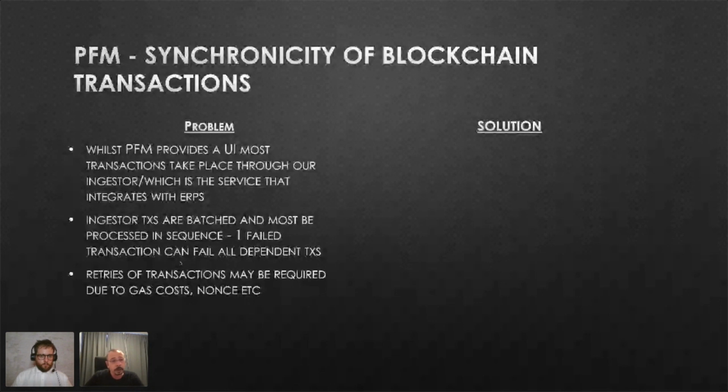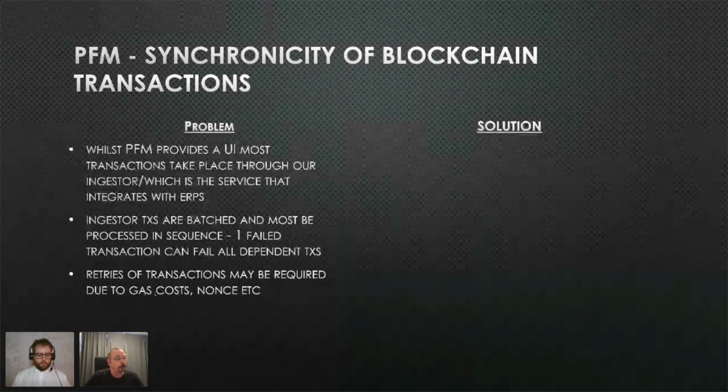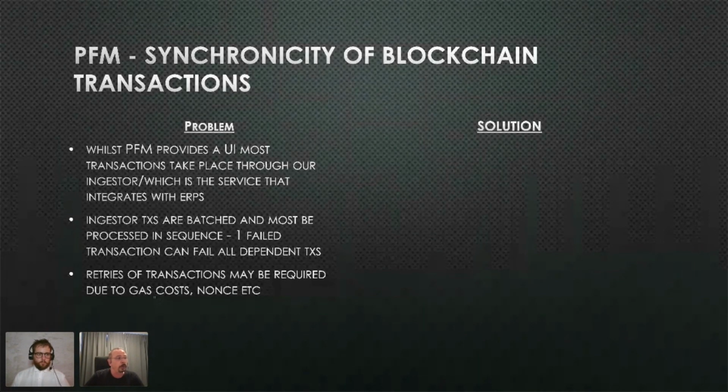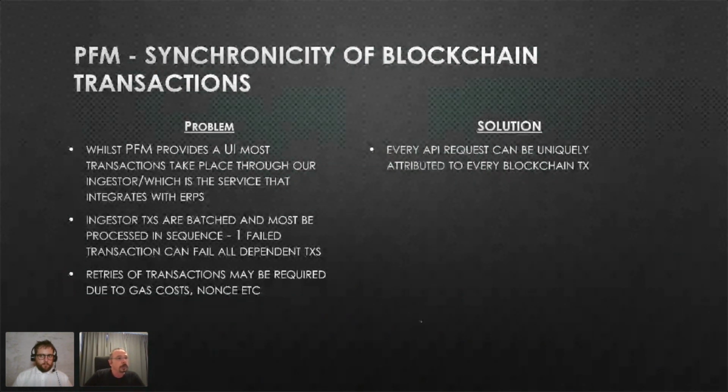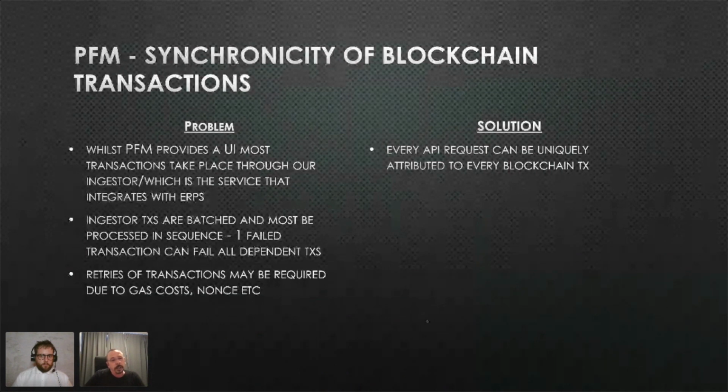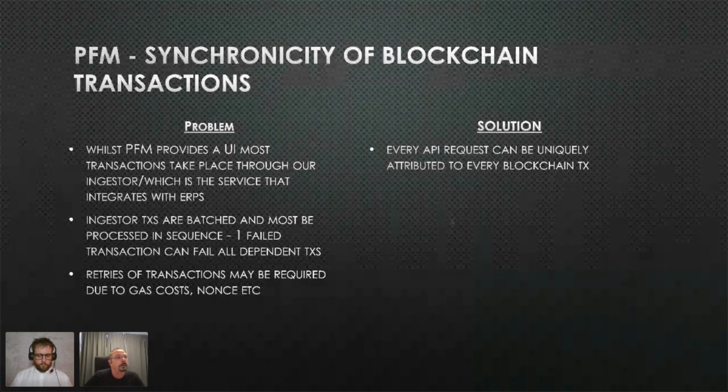Also, in terms of moving towards a public chain, we need to make sure that we retry transactions, which may be required because of not enough gas, or the nonce being wrong, etc. So to fix this, we track every request through our API with a request ID.